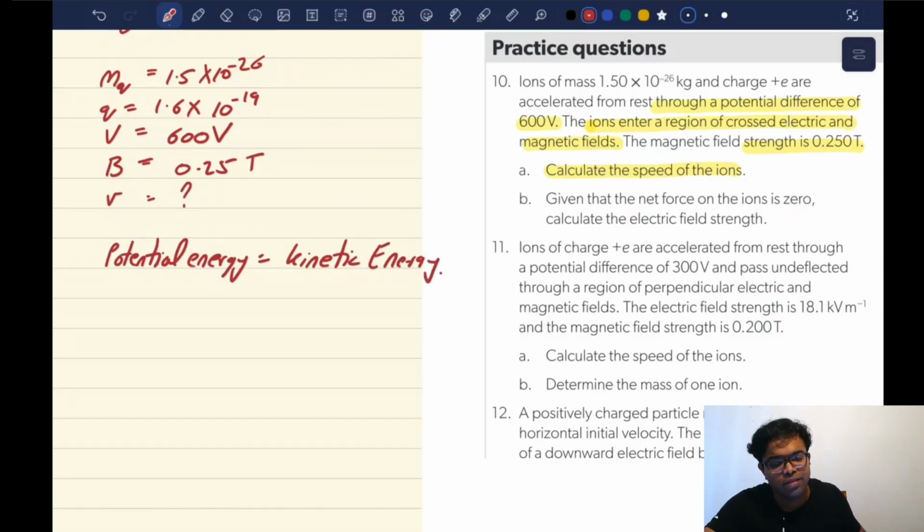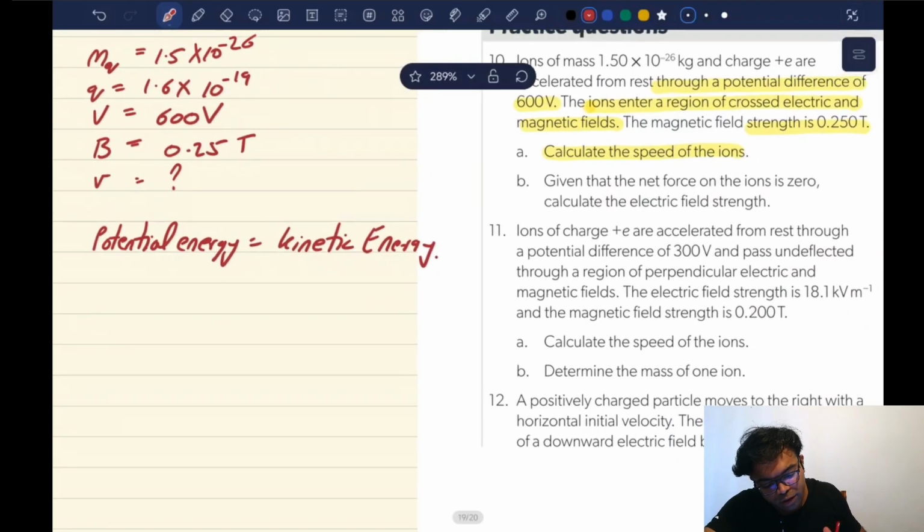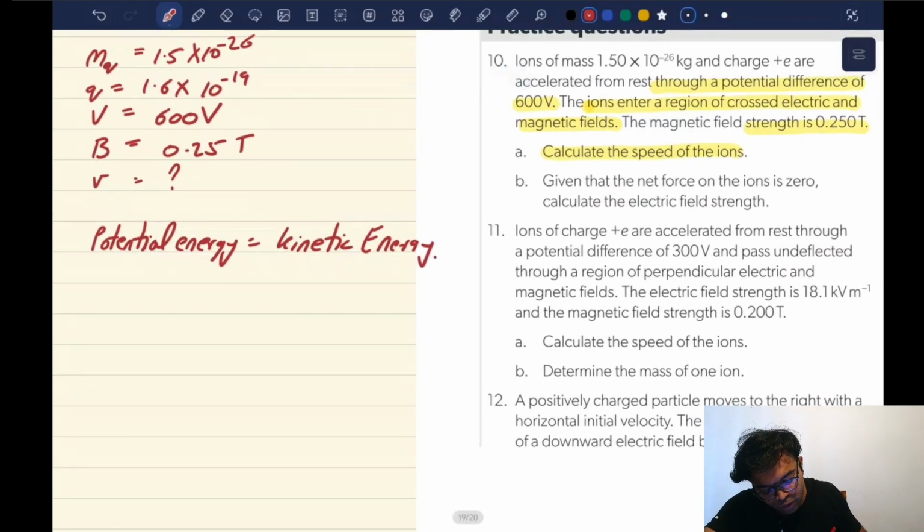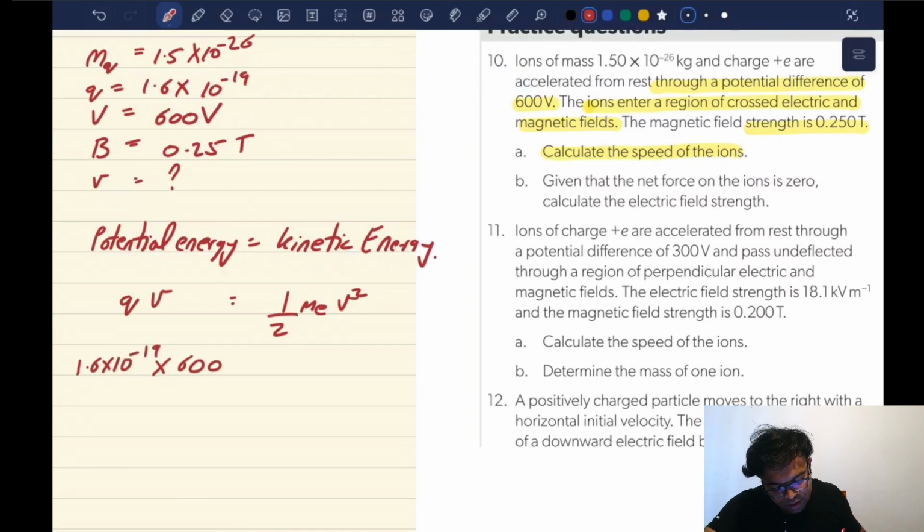Potential energy is equal to QV, which is equal to half mv squared. So 1.6 × 10^-19 multiplied by 600 is equal to half, mass is 1.5 × 10^-26, into v squared.